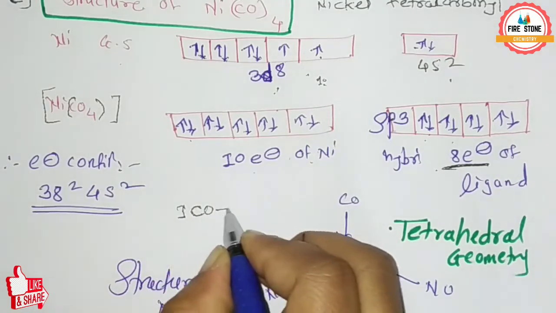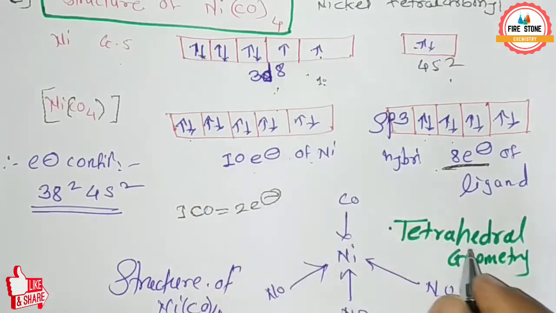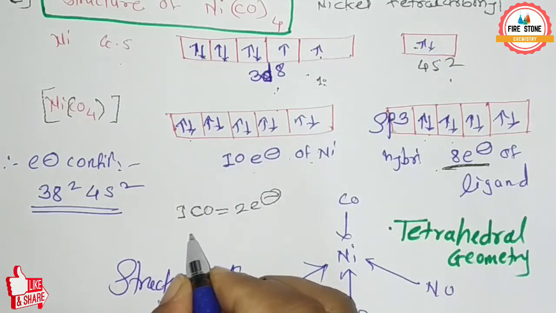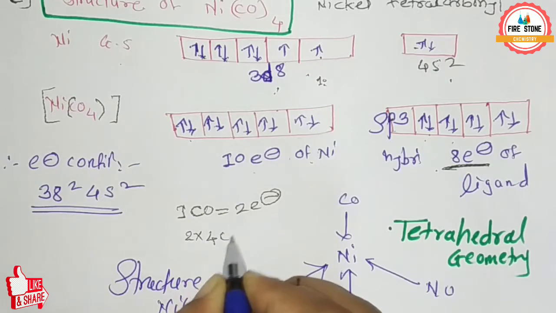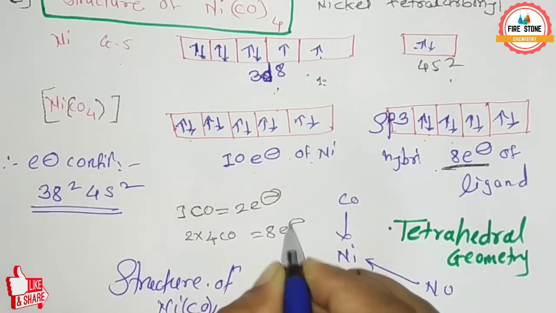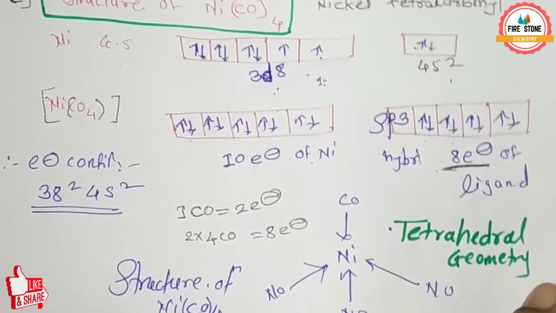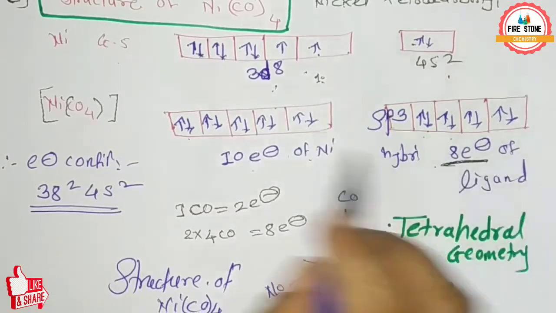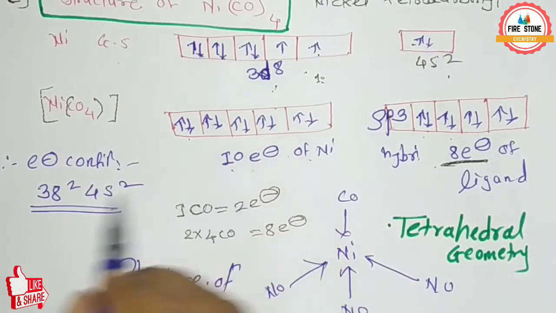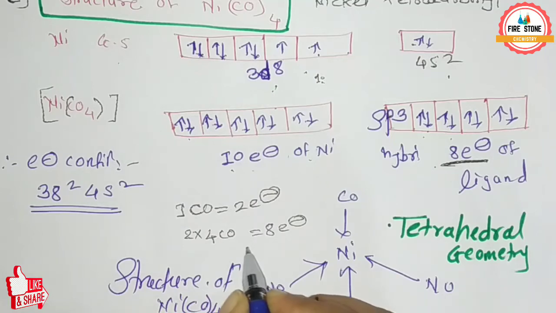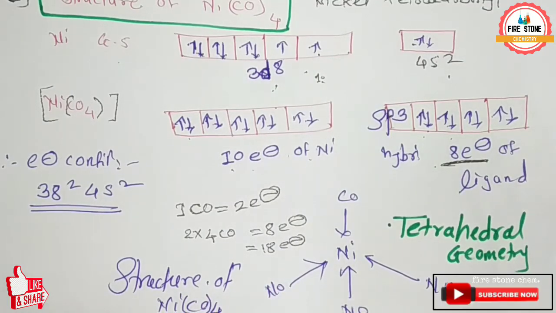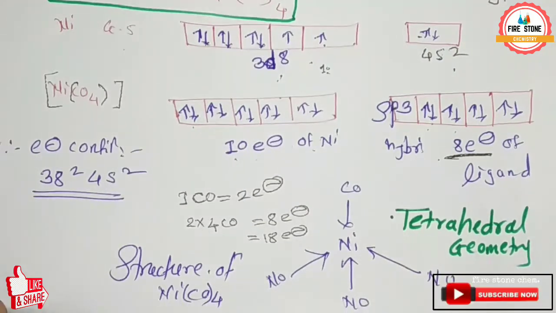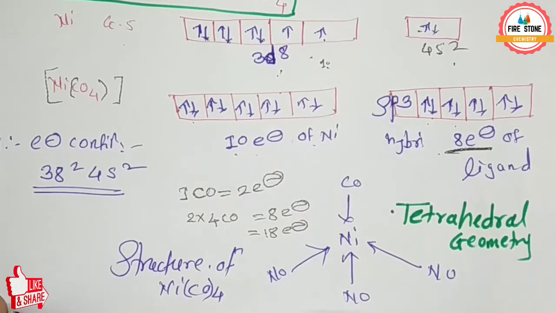One CO gives 2 electrons, and when we multiply by 4, that is 4 CO, they give 8 electrons. Therefore this 8 electron and this 10 electron, overall the compound becomes an 18 electron compound. So this is a very stable compound, and this is a coordination compound also.